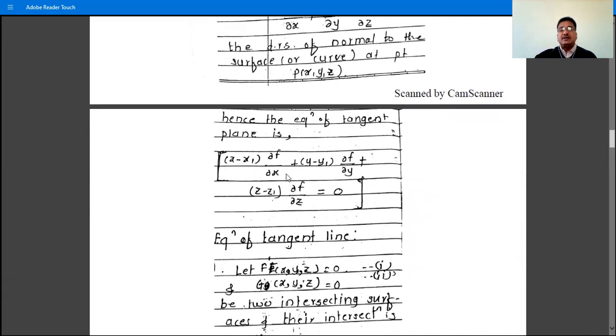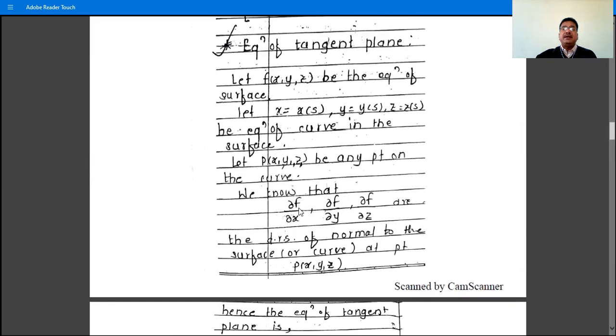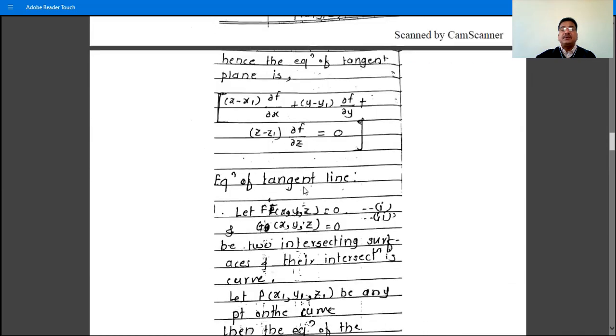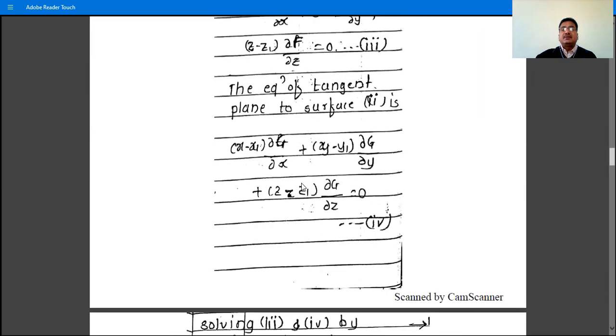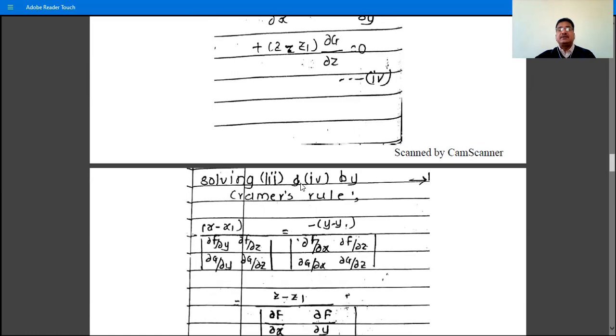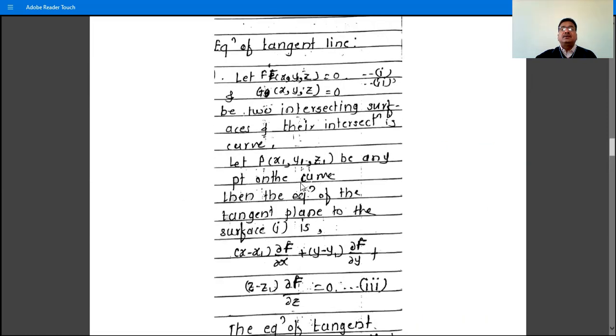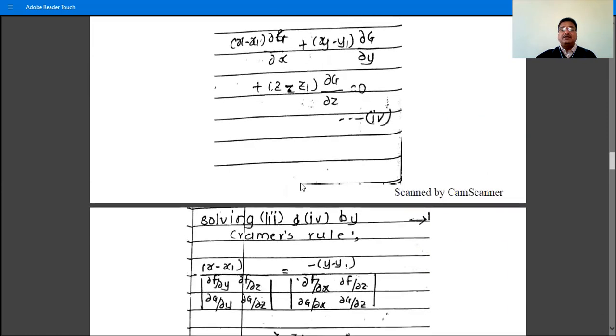So remember this: (x − x1)∂F/∂x + (y − y1)∂F/∂y + (z − z1)∂F/∂z = 0 is the equation of the tangent plane to the surface F(x,y,z) at the point (x1,y1,z1). So next is the equation of the tangent line.